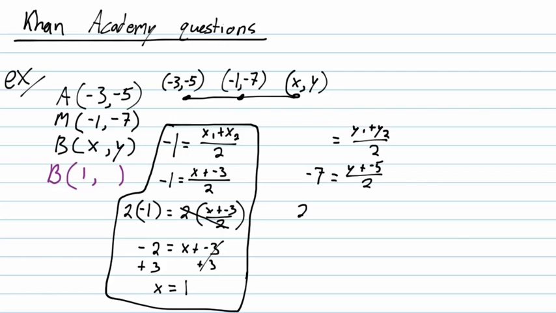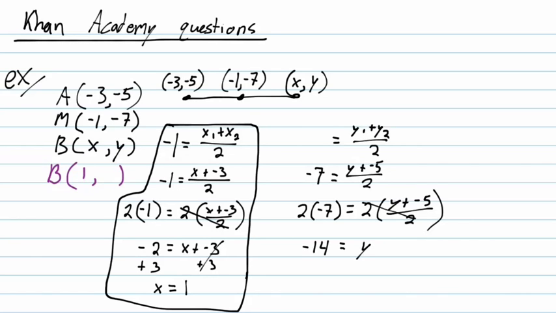What we found out two days ago, after doing a bunch of these, was that if you just multiply by 2 and then subtract over the other endpoint, you will get the endpoint you're looking for. So I double the coordinates of the midpoint.